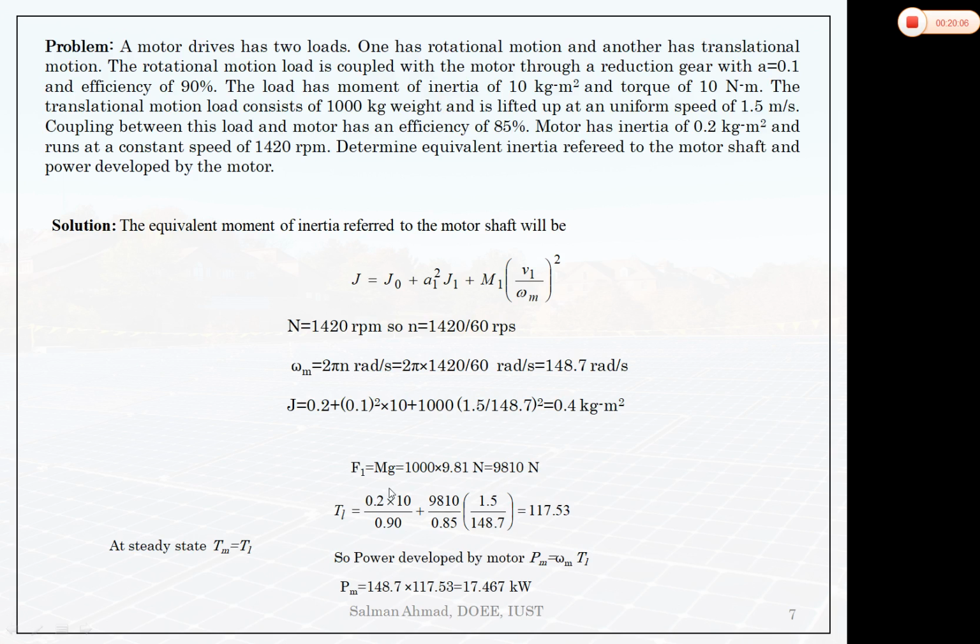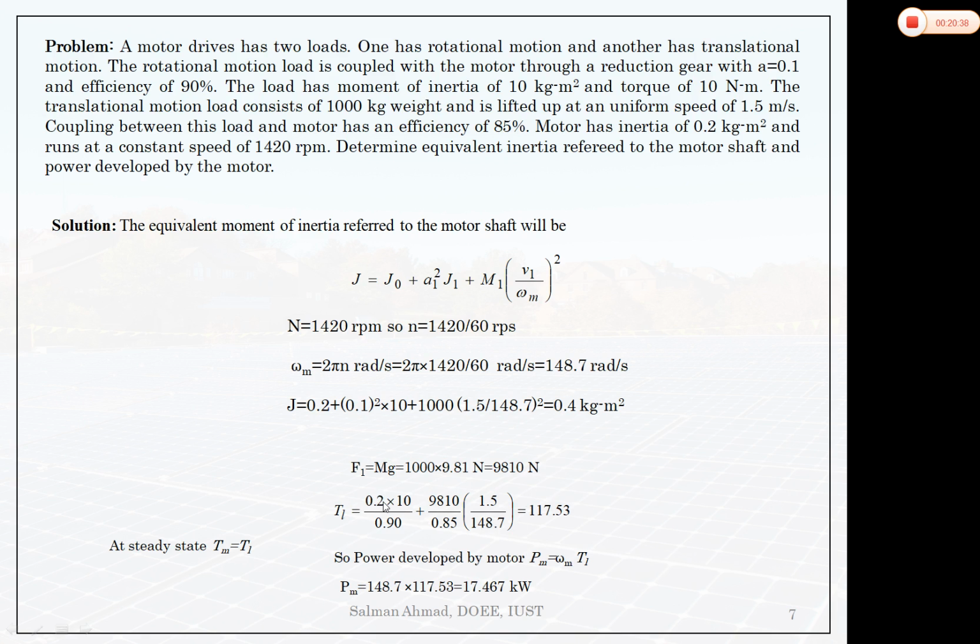Now what will be the load, what will be the force? F into V upon eta 1 into omega m. F will be mg, mass is 1000 kilogram, so 1000 into 9.81 divided by 0.85. Speed is 1.5 meter per second, omega m is 148.7. So compute this by making this 0.1.